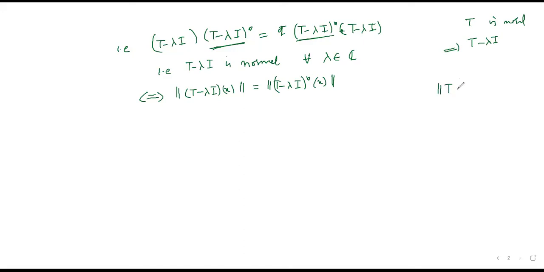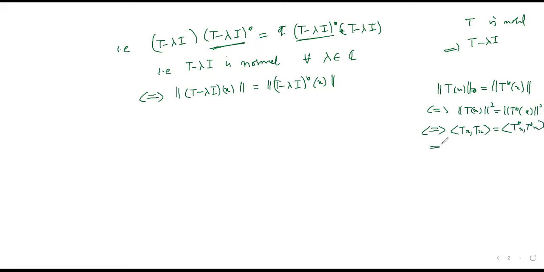And the norm of Tx is equal to the norm of T star x would be true if and only if the norm of Tx squared is equal to the norm of T star x squared. Using the inner product, this would be true if and only if the inner product of Tx with Tx is equal to that of T star x with T star x.